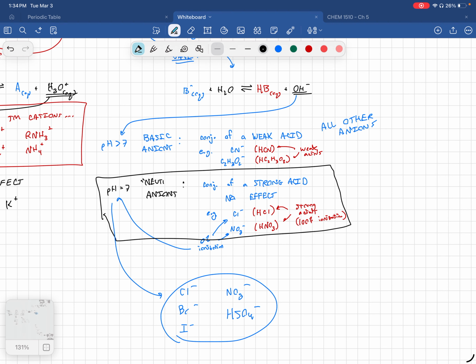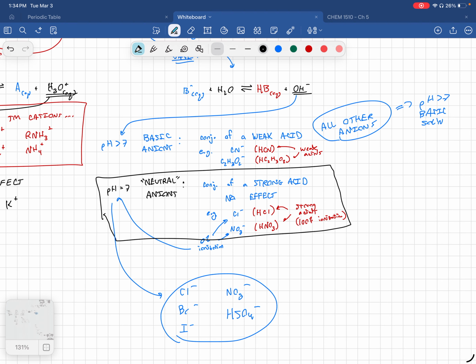They're not neutral because they're anions, but meaning anions making a neutral solution. Those are going to be chloride, bromide, iodide, nitrate, and HSO4, hydrogen sulfate. All other anions will lead to a pH greater than 7 and thus a basic solution.